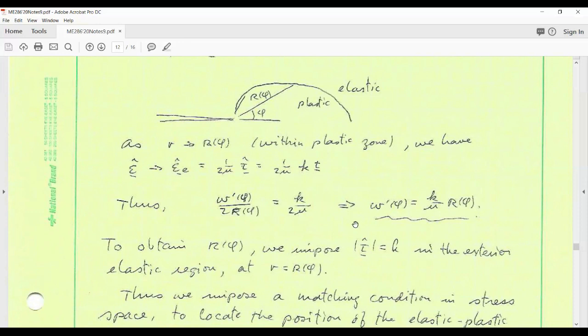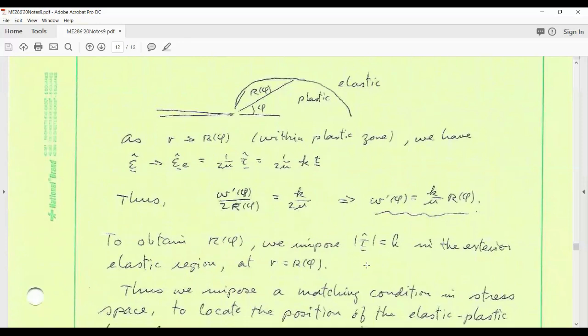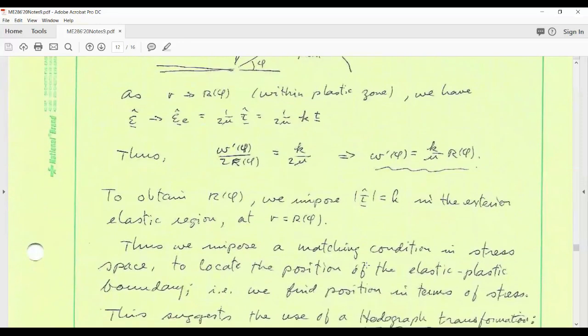That's the solution we've constructed so far. And that, by traction continuity, then, should tell us that that's going to match the elastic solution, the tau hat from the elastic solution at this boundary. Okay, so let's see how can we do that.